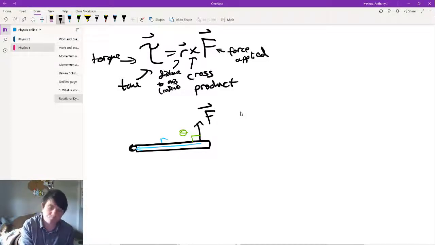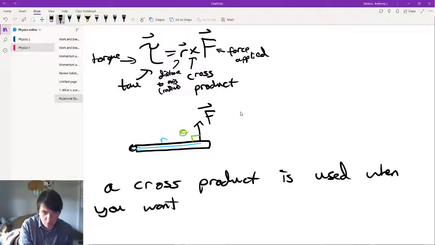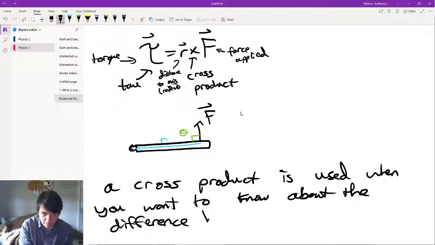So a cross product is used when you want to know about the difference between two vectors.